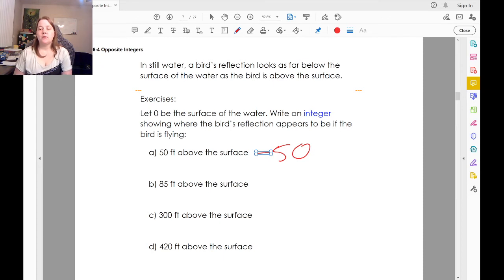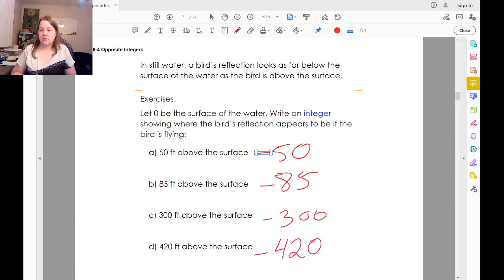If the bird is 85 feet above the surface of the water, then the reflection would appear to be -85 feet, or 85 feet below the surface of the water. 300, -300, 420, -420.